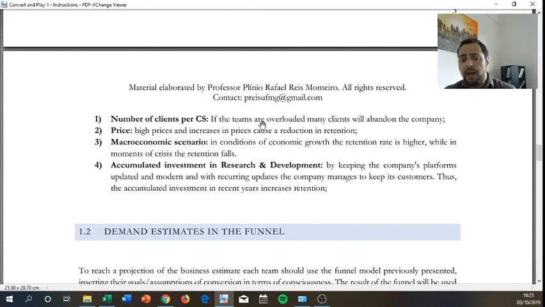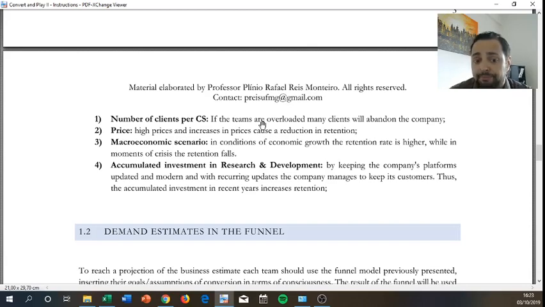If you have too many customers per employee operating to help these customers, then you have a lot of churn, a lot of loss of customers during the year.